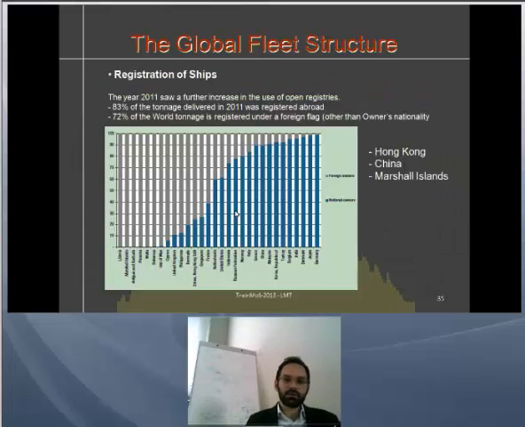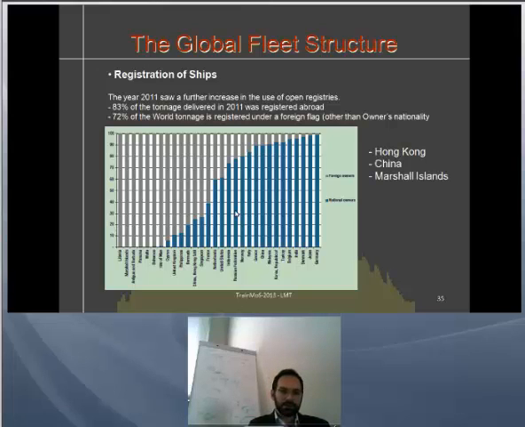Now, further to the ownership of the fleet is the registration of ships. So the year 2011, where a lot of deliveries were put forward, and we saw a substantial increase in the use of open registries.